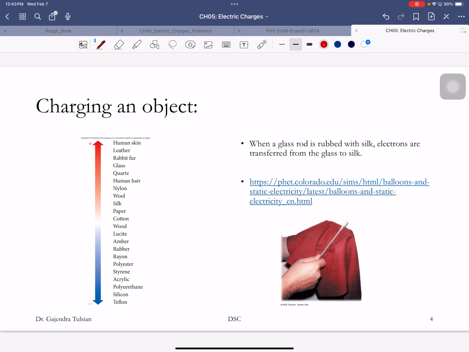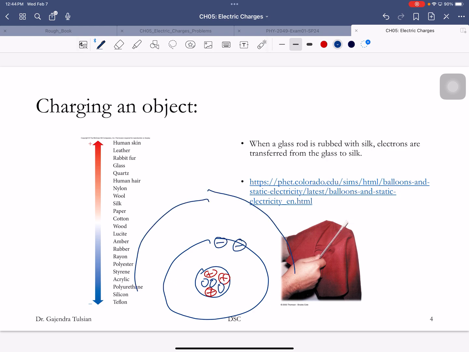So here's the nucleus of the lithium atom. There are 3 protons, 3 neutrons, and 3 electrons.